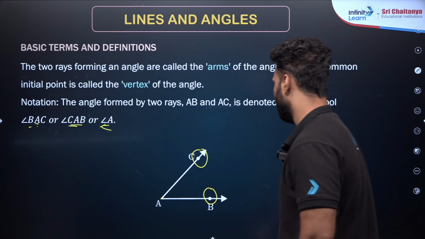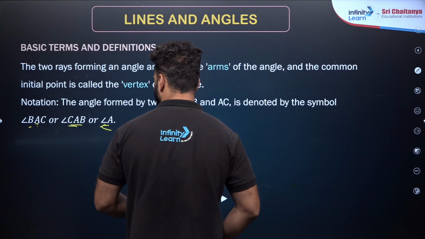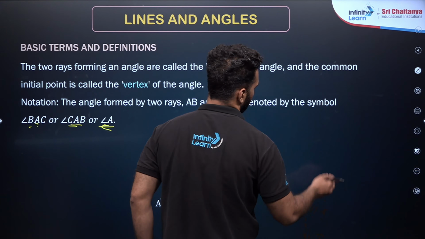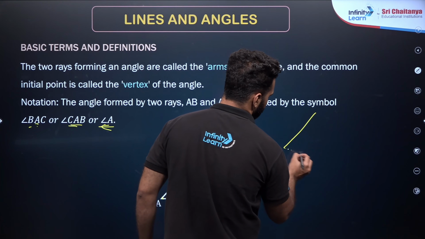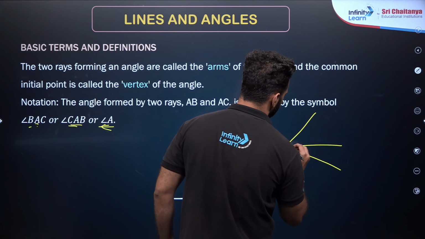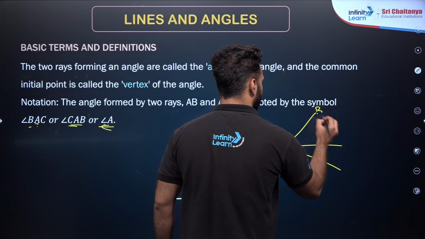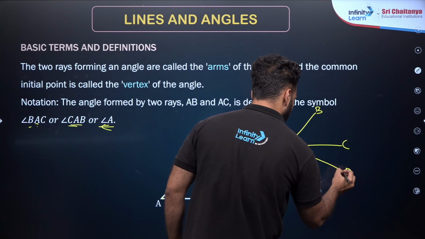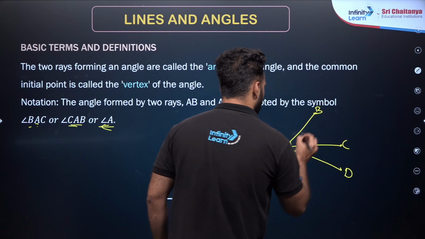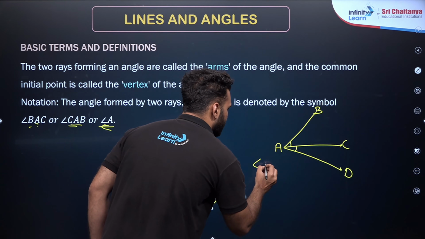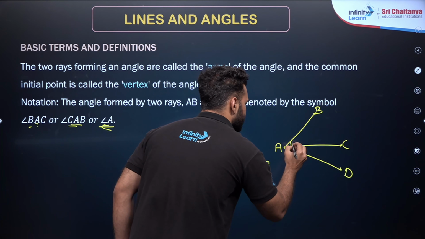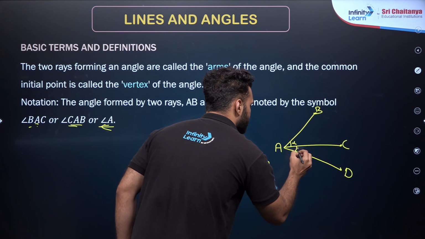But sir, why can't you use this always? Let me tell you. Let's say I have these angles, and let's say these points are A, B, C, and D. Let's say this is angle alpha and this one is beta.